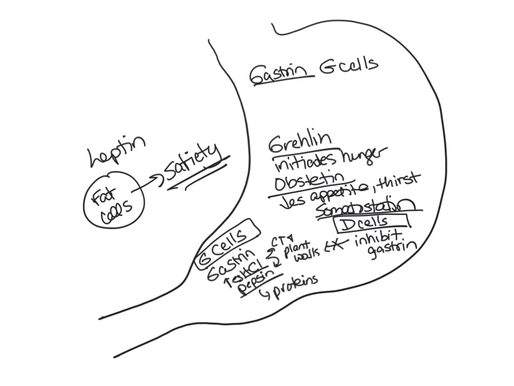Also in the pylorus, we have mucus being released. More mucus is released from these mucus cells because all the hydrochloric acid in the stomach could be really damaging to the wall of the stomach, but the stomach has a lot of mucus lining it, so it doesn't get damaged by the hydrochloric acid.